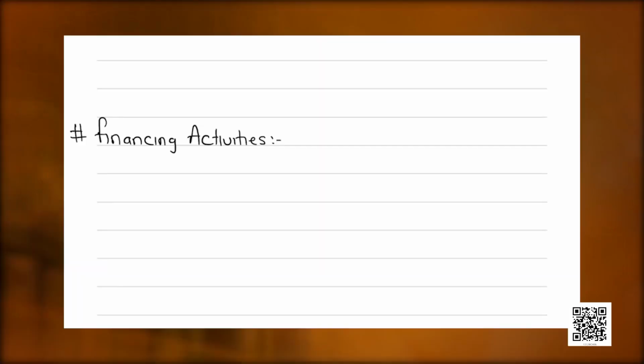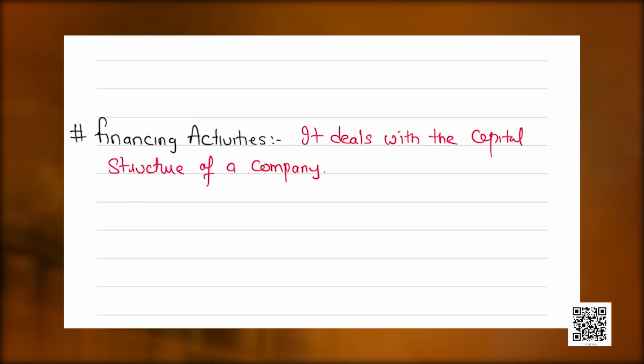Last component is financing activities. It deals with the capital structure of a company. Capital structure of a company means how much of share capital is there and how much of borrowed funds are there. If you arrange share capital, that means it is owner's fund.